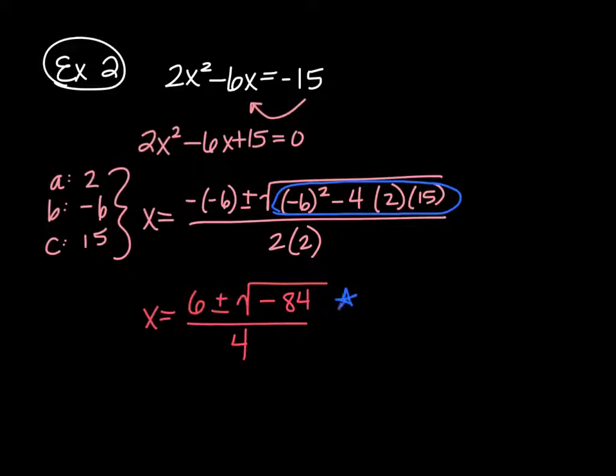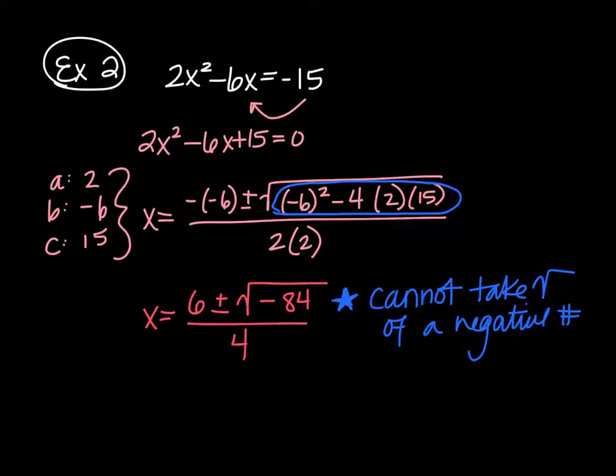Okay, so what I wanted you to do, you need to put like a big star in your notes. You cannot take the square root of a negative number. And in fact, the whole definition of square roots of negative numbers give us what we call imaginary numbers. So anytime you've got this square root of a negative number right here, we're going to call that no solution or imaginary.